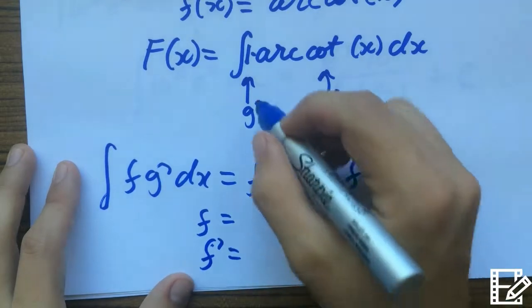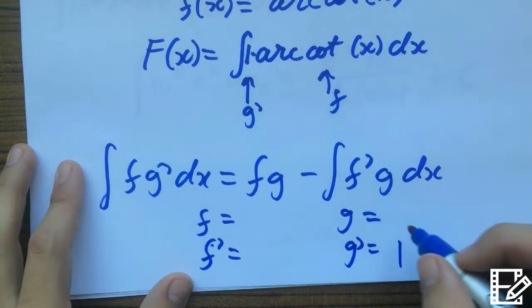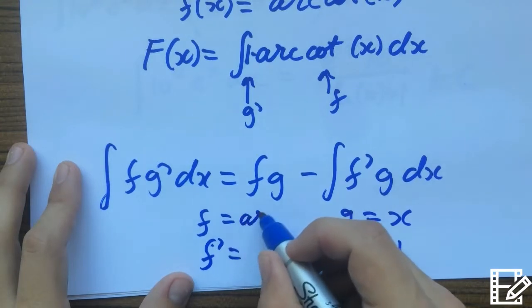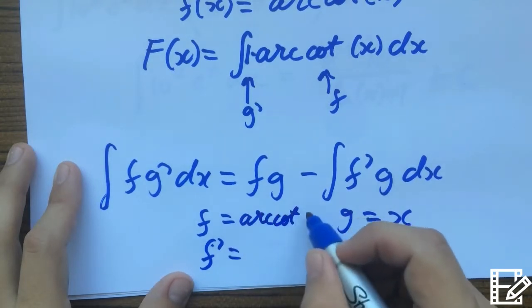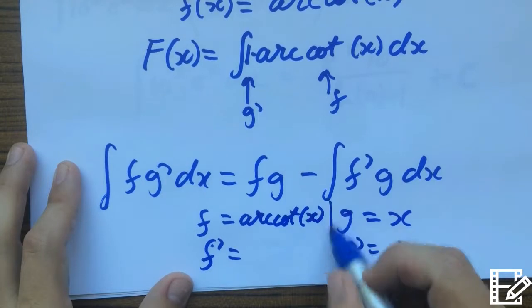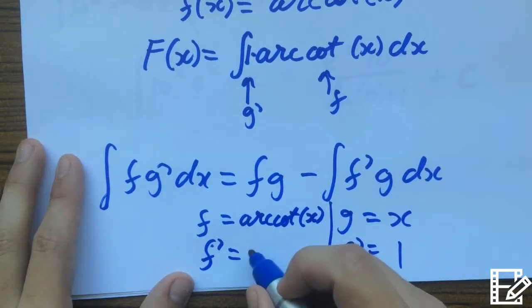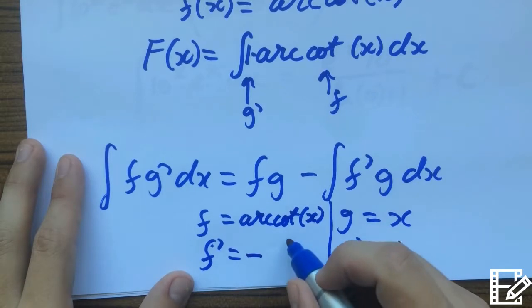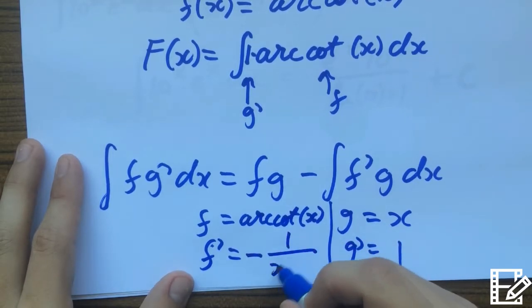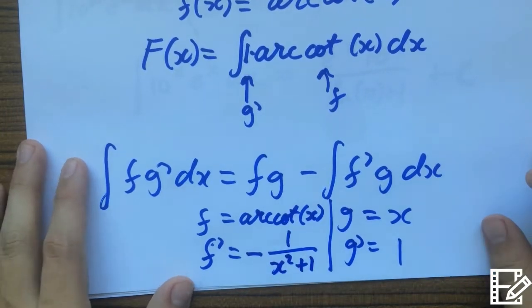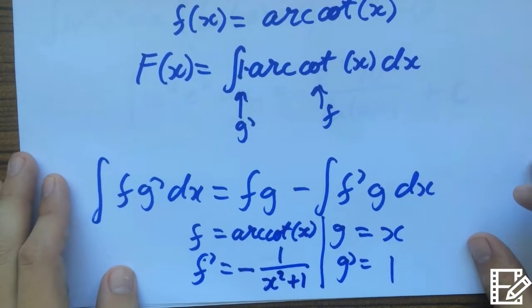We already have a g dash, which is 1. The integral of 1 is x. We have an f, which is arccotangent of x, and the derivative is negative 1 on x squared plus 1.